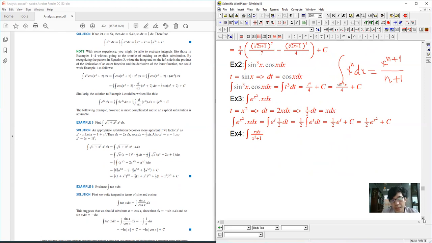We can see that the derivative of s squared plus 1 is 2s, so we set t equal to s squared plus 1. The derivative is dt equal 2s ds, and we divide by 2 to get 1/2 dt equal s ds.